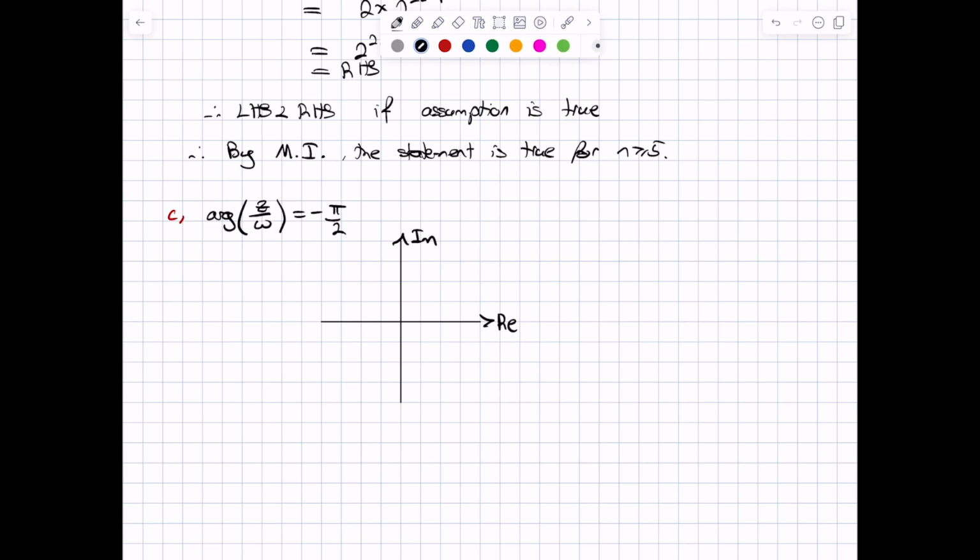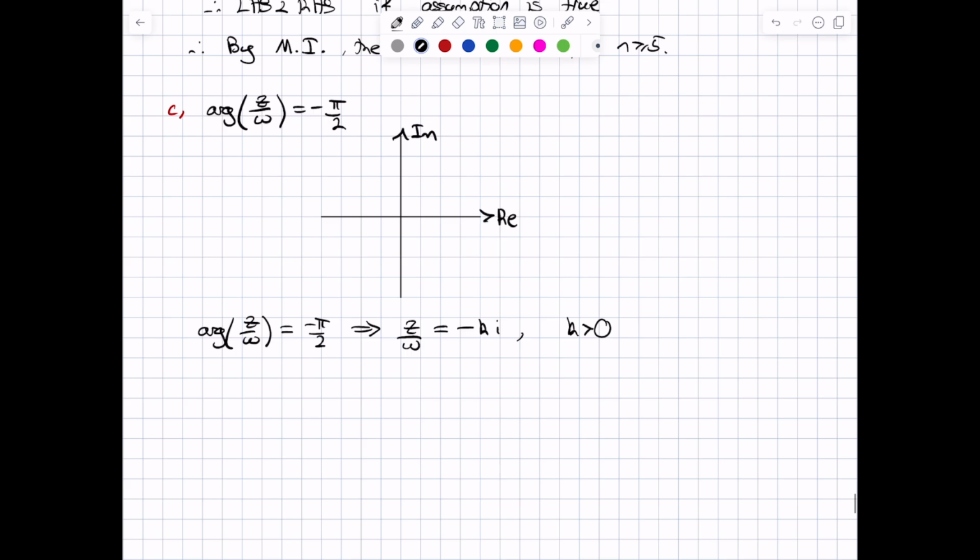So that means I can say that the arg of z/w equal to −π/2 tells me that this number z/w should be purely imaginary, but it should have a negative component. The imaginary component should be negative. So it should be equal to −ki, where k is greater than 0. Now what does that mean? That means I can write z as −kwi.